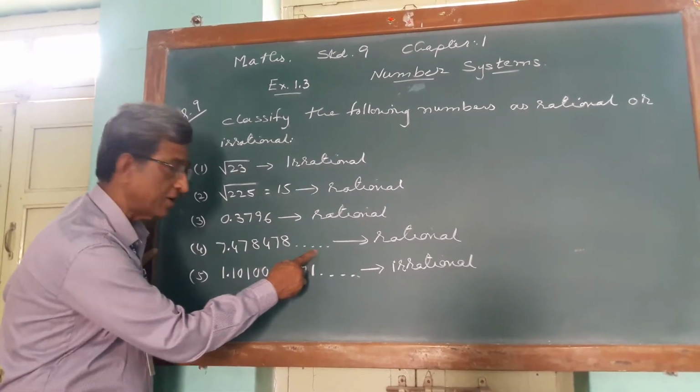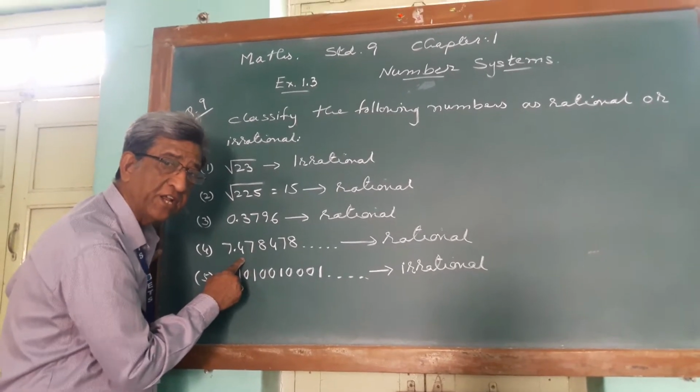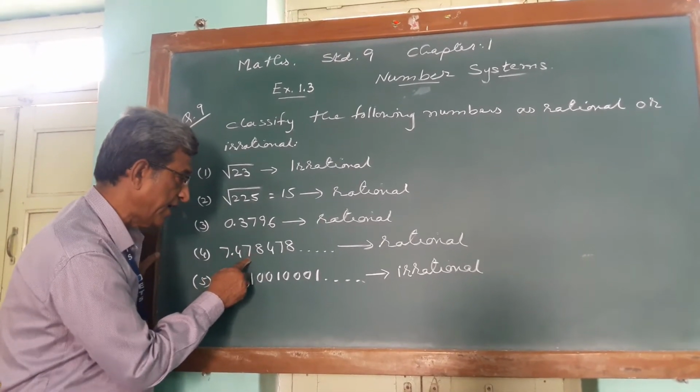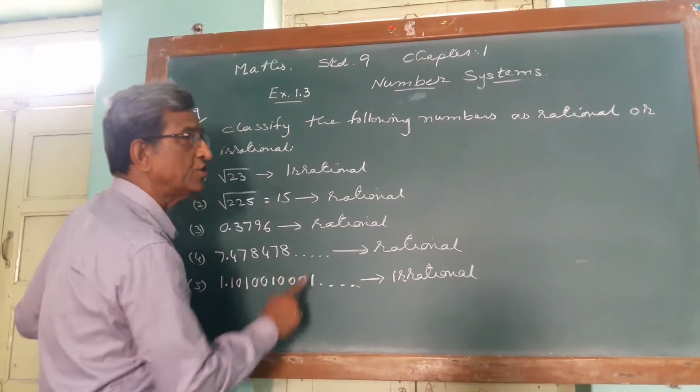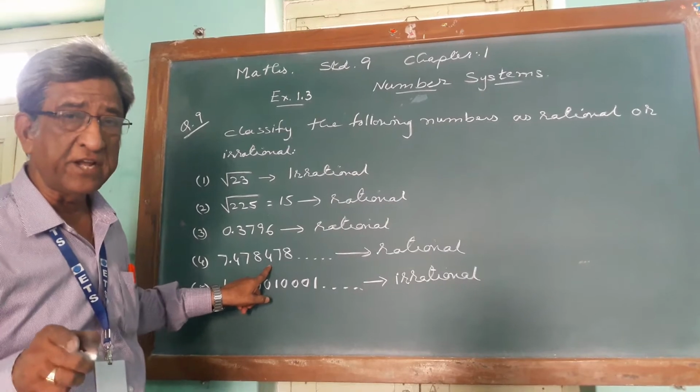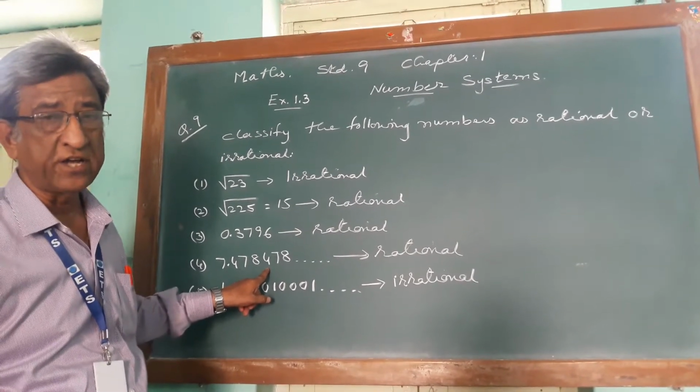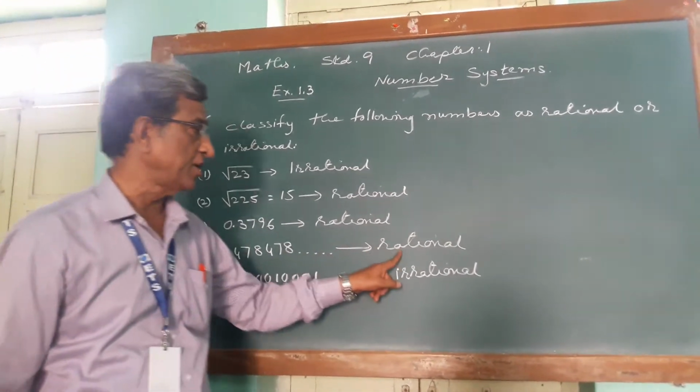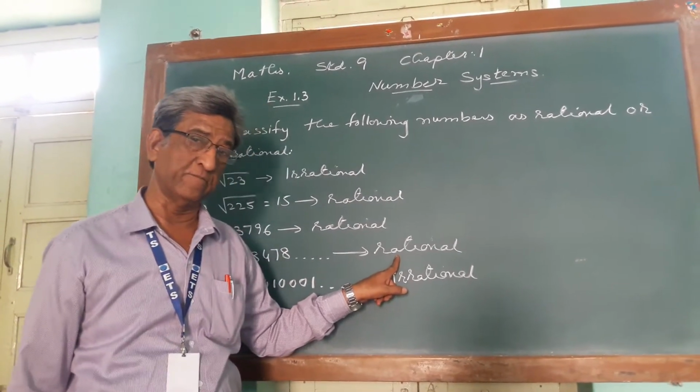Here you can see that the same block is recurring: 478, 478, 478. This type of number is non-terminating recurring, so it will also be rational.